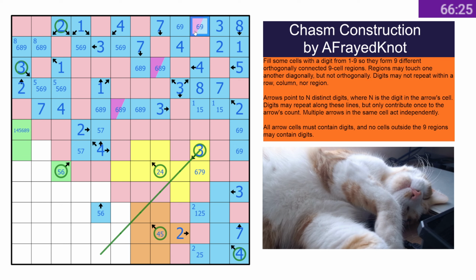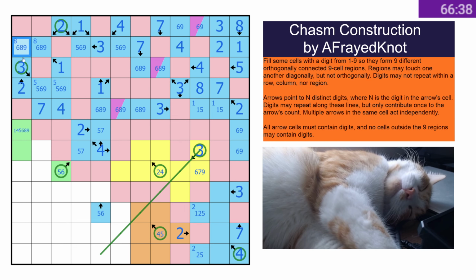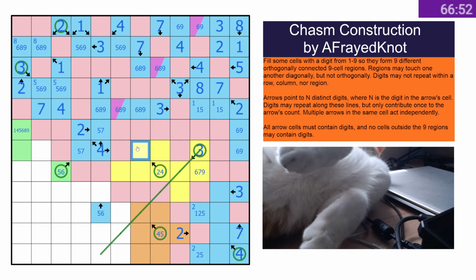So either they're all different or one of them repeats. Those 2 are at least different, but... Oh, so if that were 2, then both of those are 5s. That'll be from 5, 6, 8, 9. Probably.